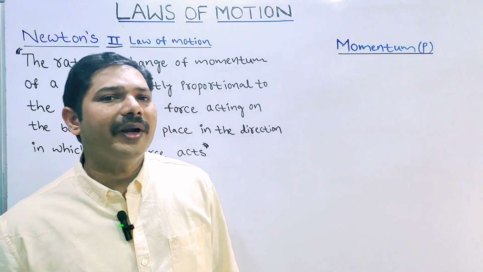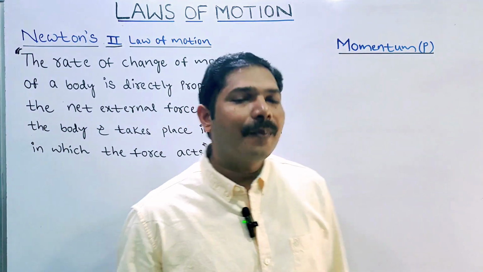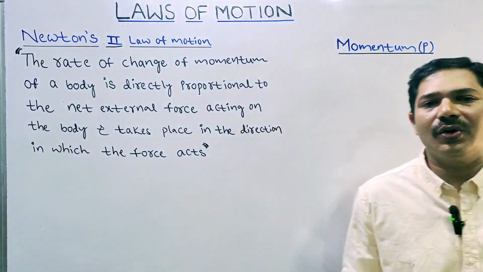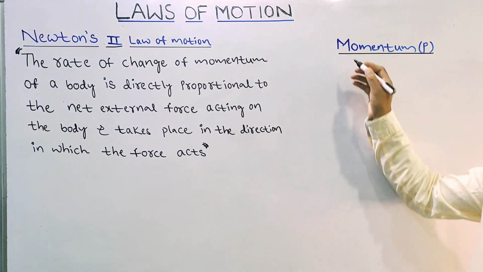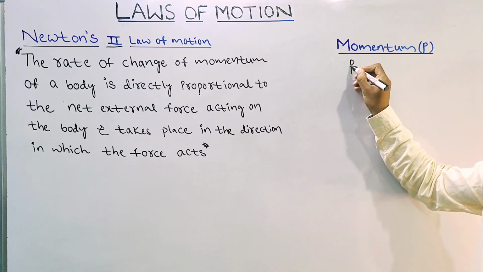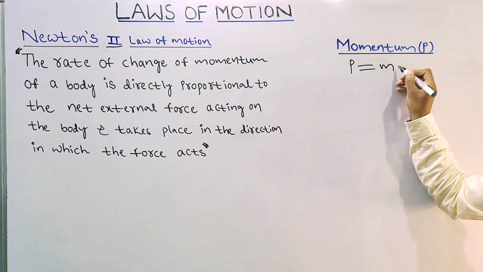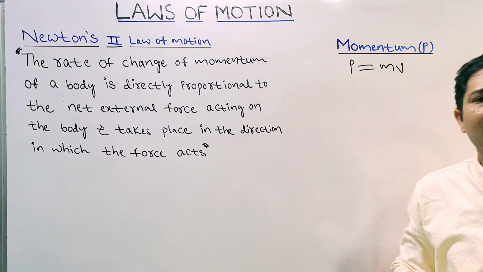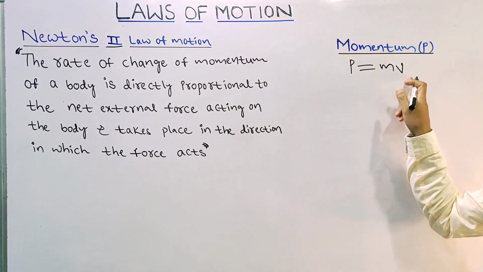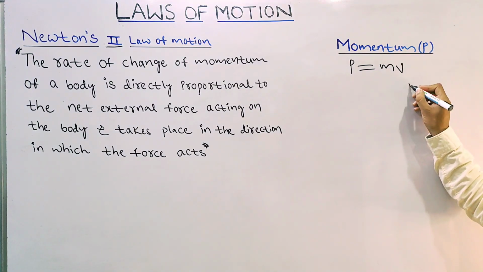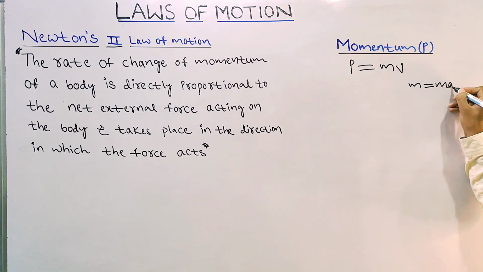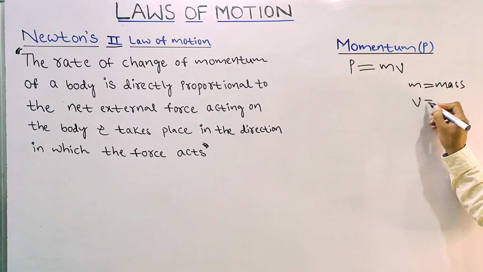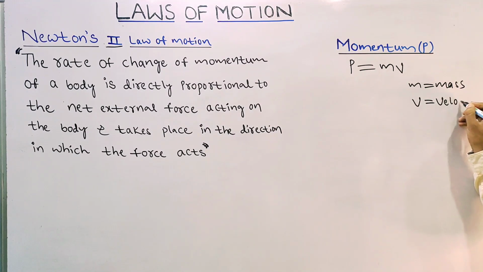What is momentum? Momentum is the product of mass and velocity. Here m is the mass of the body and v is the velocity of the body.